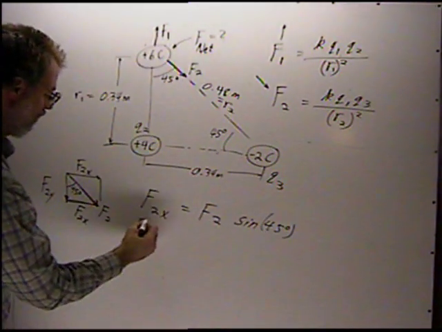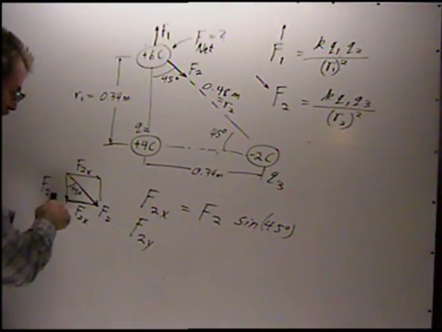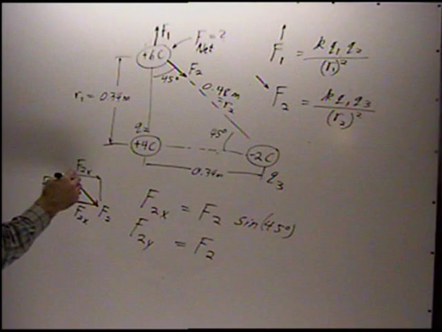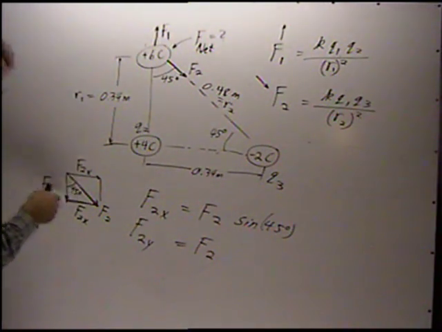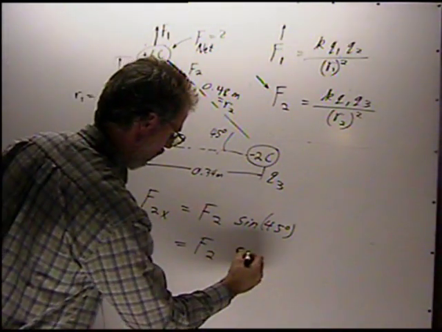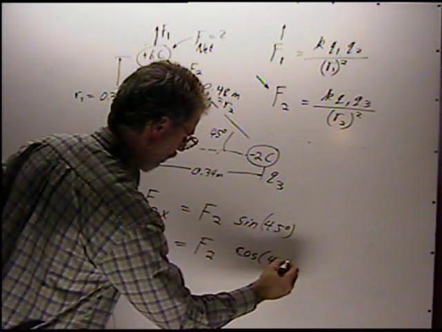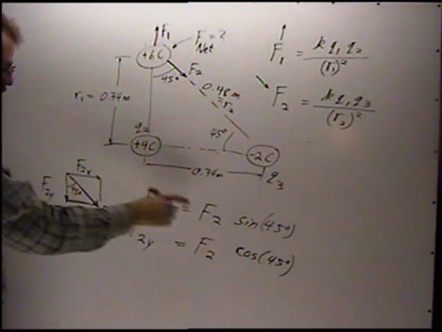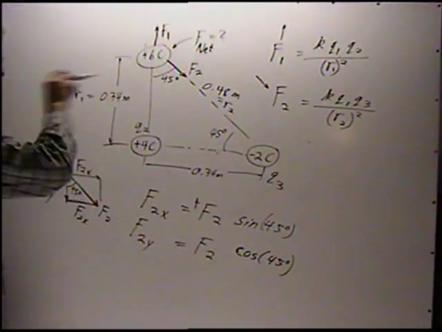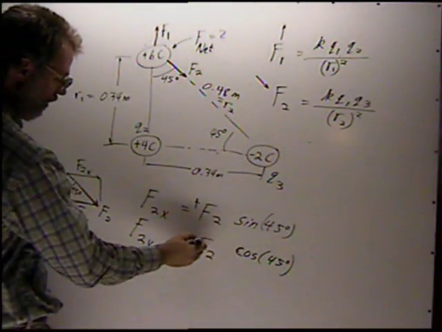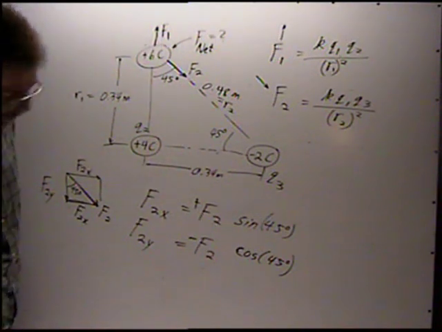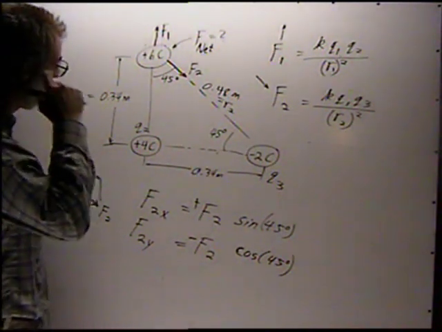And F2 in the y dimension is going to be F2 times the cosine of this 45. Now, this is how I would tend to do it, and this is going to be a plus because it's oriented to the right, and I know that this is going to be a negative sign because it's oriented down.